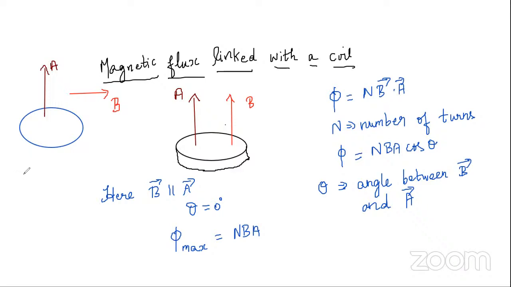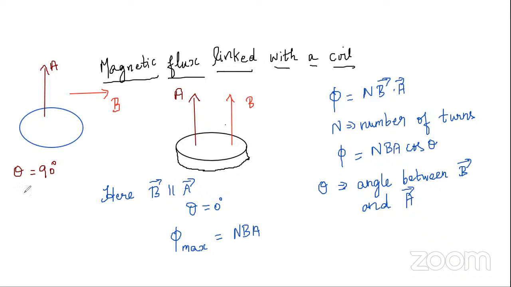So in this case, the angle between the magnetic field and the area vector is 90 degree. So the number of magnetic field lines crossing the coil now will be 0, because here you can see the magnetic field is like this, the surface is like this, the area vector is like this. So that means theta equal to 90 degree.